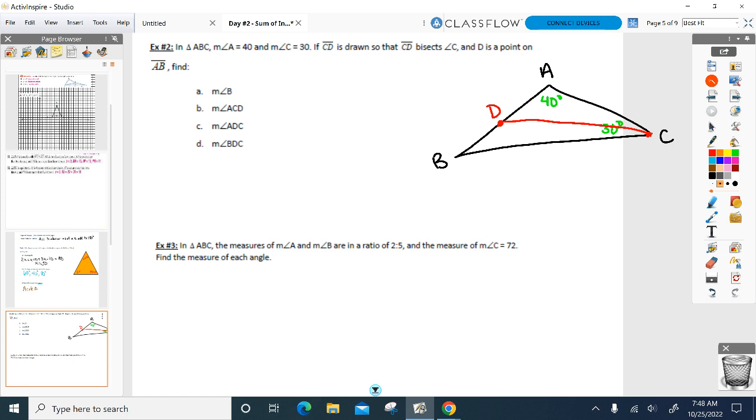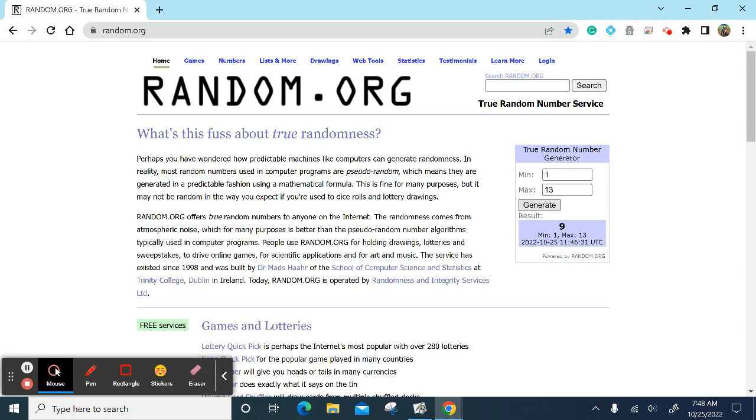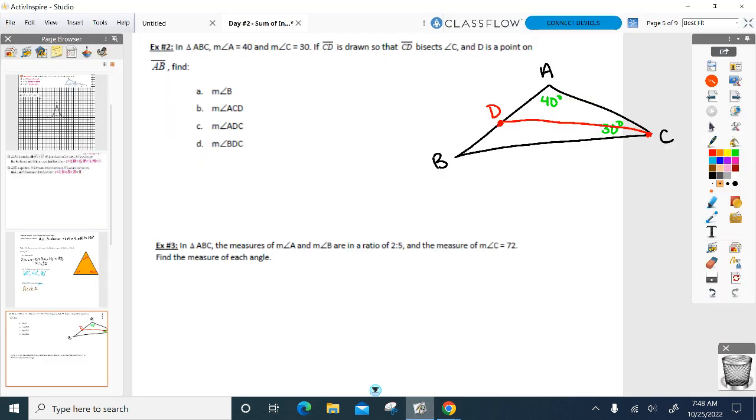All good? All right, so now the first one I'm looking for, what is angle B? Every triangle has 180 degrees in it. What's going to be angle B then? Okay, look at triangle ABC.